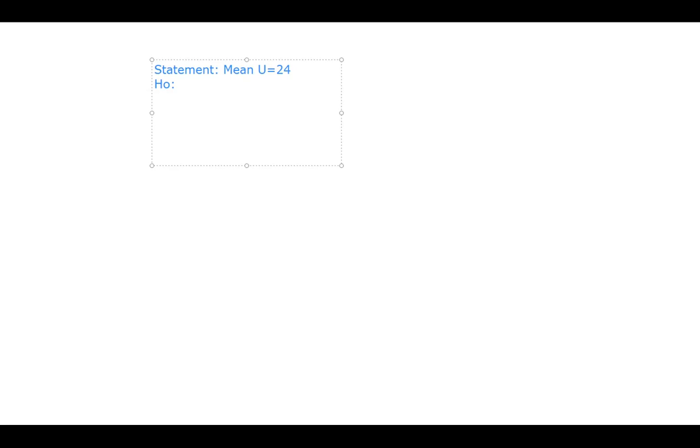So basically, how do we write this? H0: mu equal to mu 0.